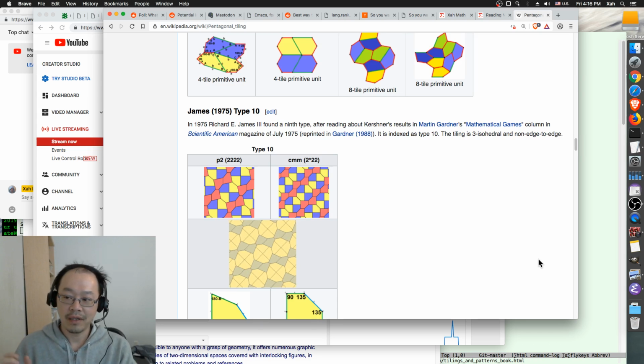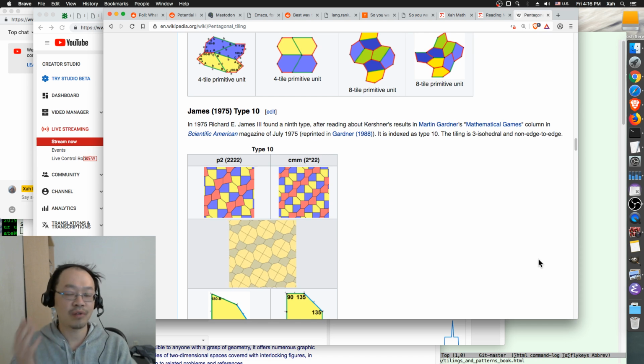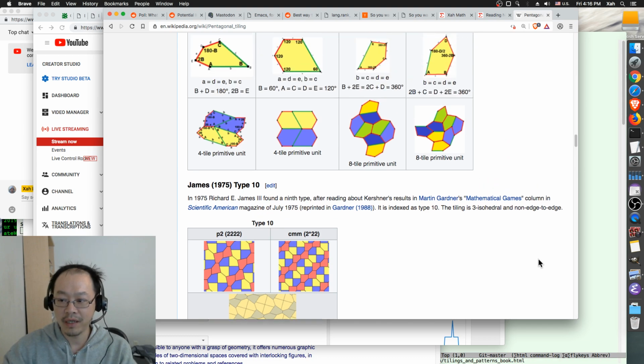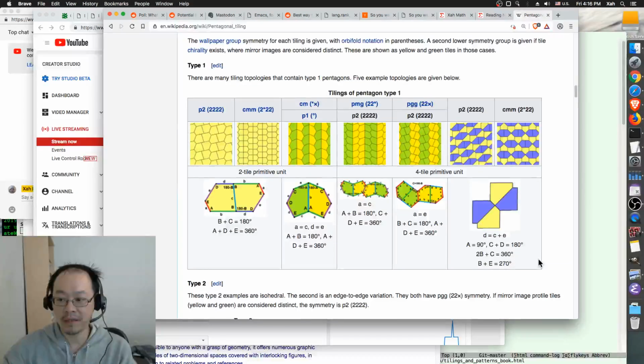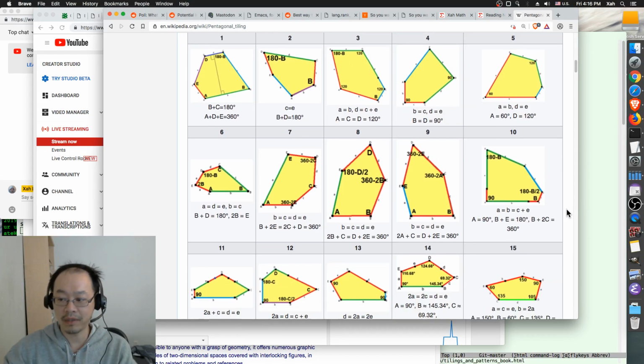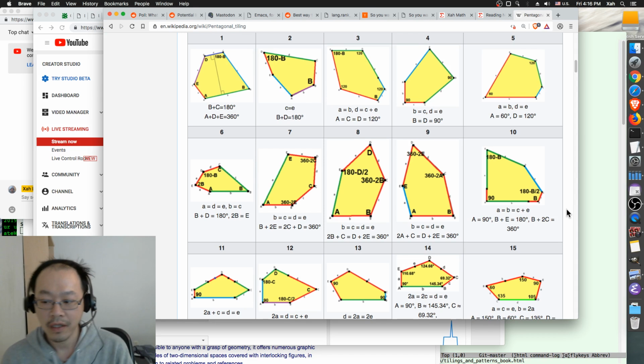However, in the past 20 years, amateur mathematicians, meaning people without any training in math, have discovered, I think, 2 or 3 of the tilings using pentagon. So this example shows that some math problems are open problems, but they can be solved by amateurs.